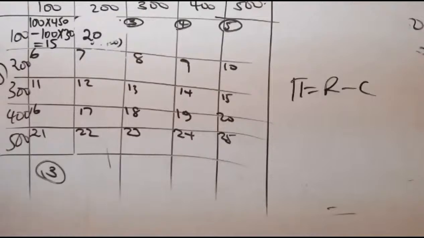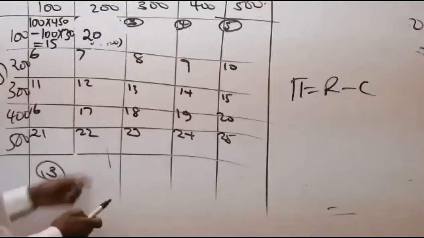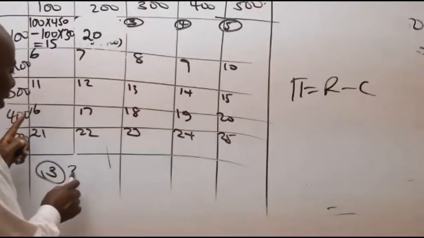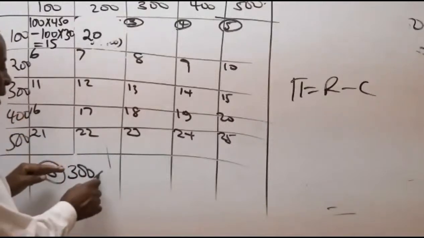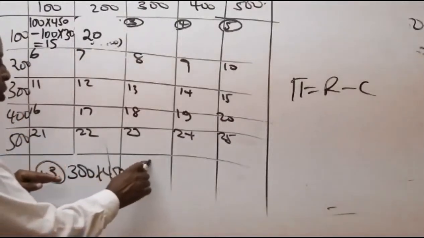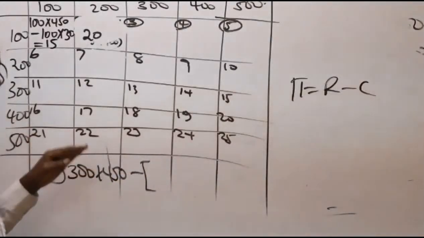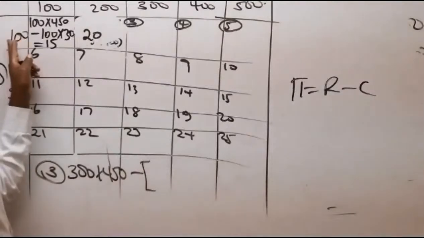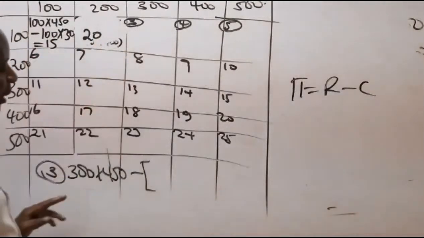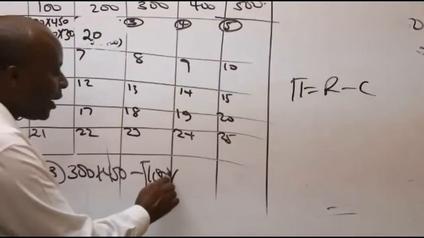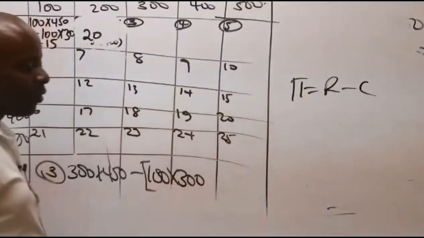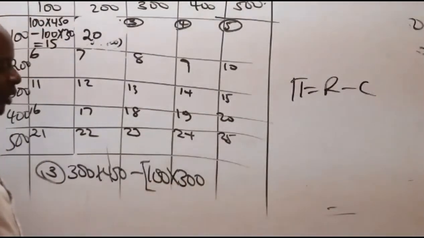So in this case here, they're telling me to take 300 units, because you have to sell to everyone, times 450. But the costs now are going to be two. We have the normal cost of the order we had supplied earlier of 100, and remember, the normal cost is going for 300.